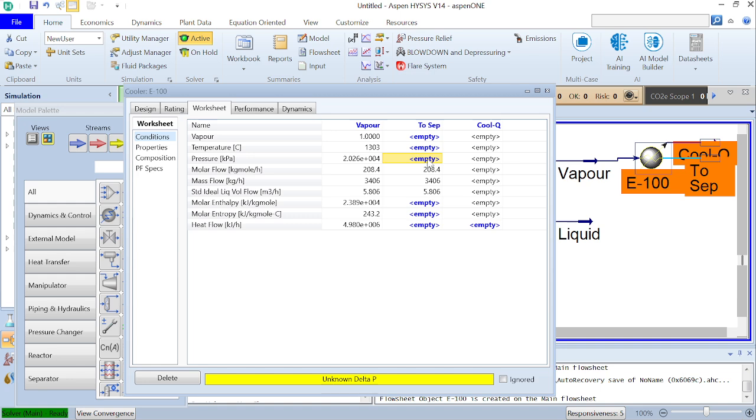Alright, so at this point we say we have about 10 atm pressure drop.